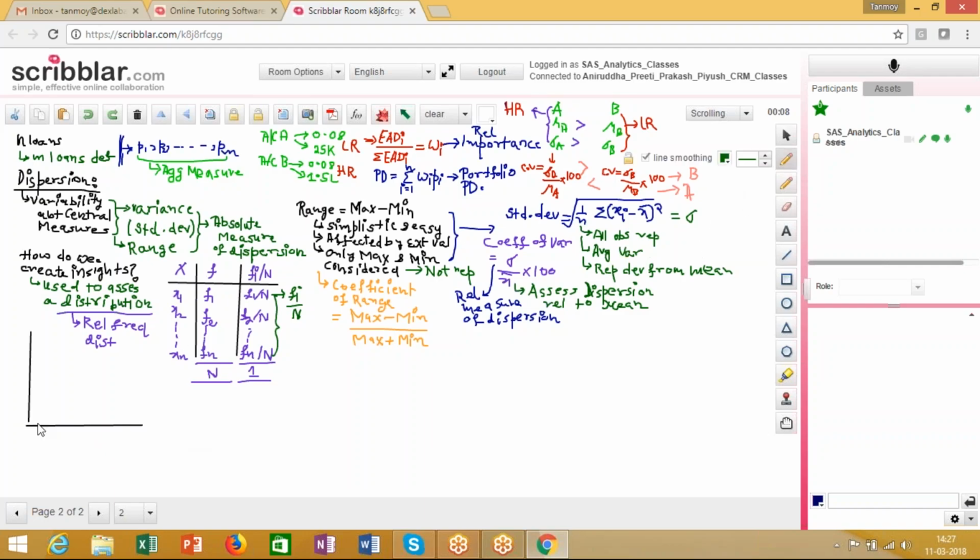So over here, in this graph, you have fi by n, and over here what I have is xi. So over here what we'll see is the values of xi on this axis and the value of the relative frequencies on the y-axis. What we do is we plot the distribution.